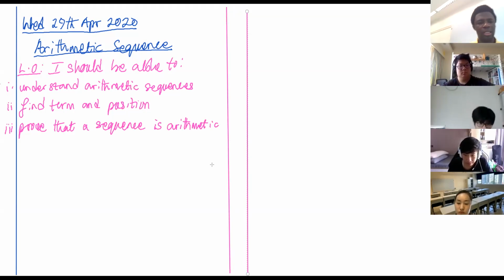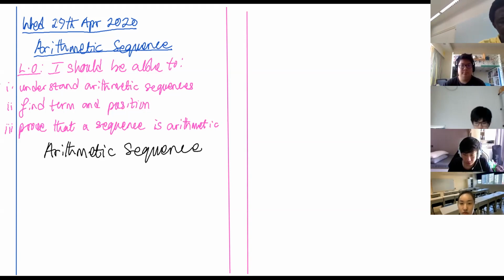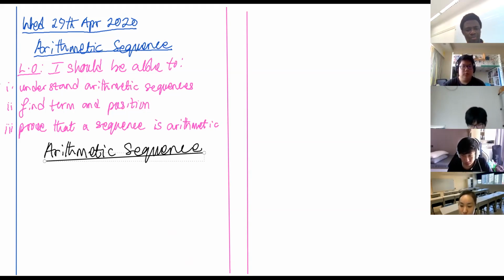So I'll start by telling us what is an arithmetic sequence. We look at some very important definitions, like what a sequence is, what the notation of a sequence is, and things like that.